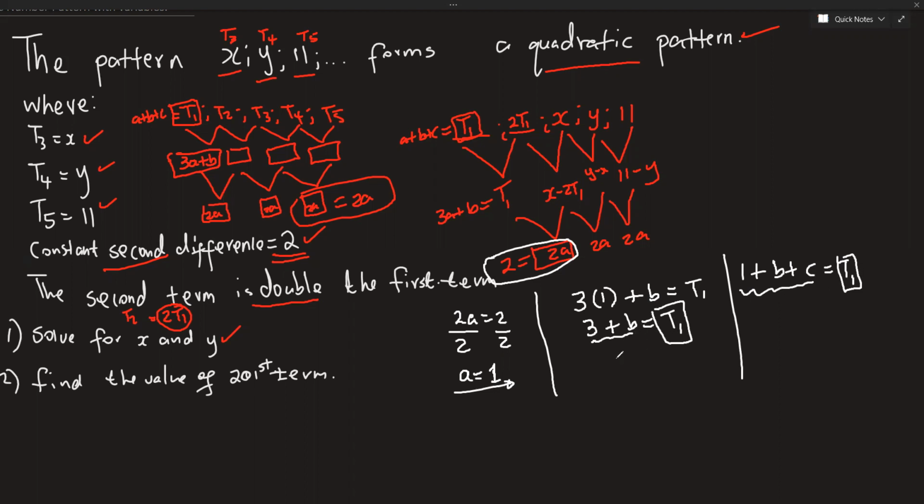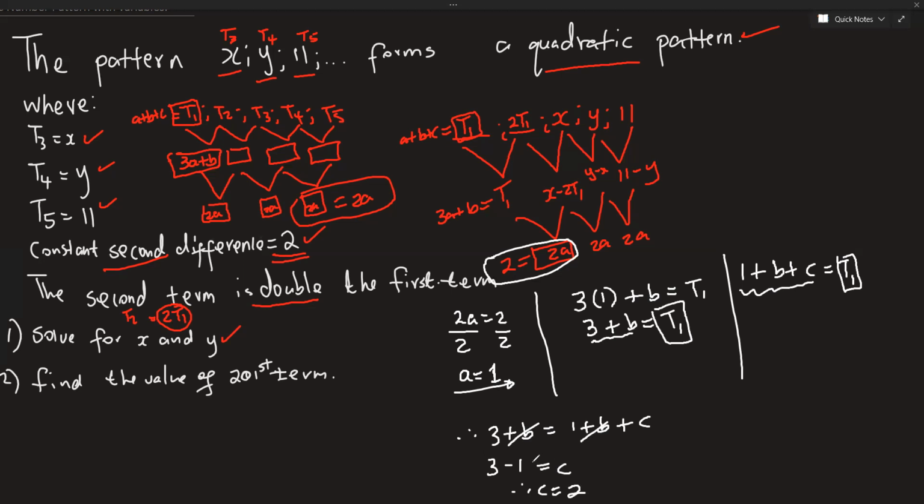So we're going to equate them. Therefore, 3 plus b equals 1 plus b plus c. And then this one will come that side. So I have 3 minus 1. This b will cancel with that one. Then I have c. Therefore, c equals 2.